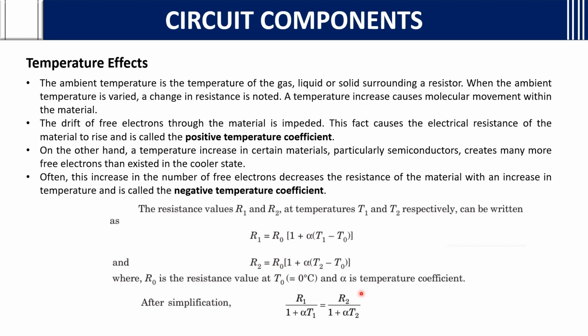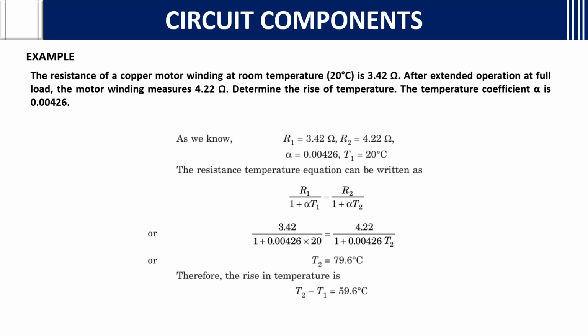That is R0, and alpha is the temperature coefficient. After simplification, what do we get? R1 by R0, and R2 by R0, we can equate these two. So R1 by (1 plus alpha T1) is equal to R2 by (1 plus alpha T2).